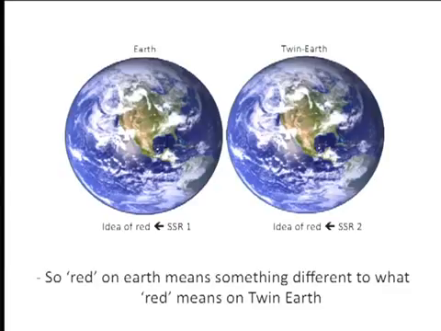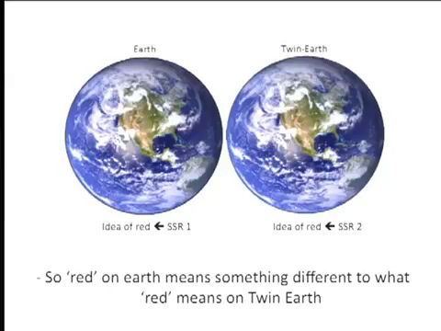But in twin earth, it's a quite different physical characteristic of the object that causes the idea of red. So if you're transported to twin earth, everything's going to look just the same. But the colours will all be different, even though you can't notice a difference. You see what I mean?